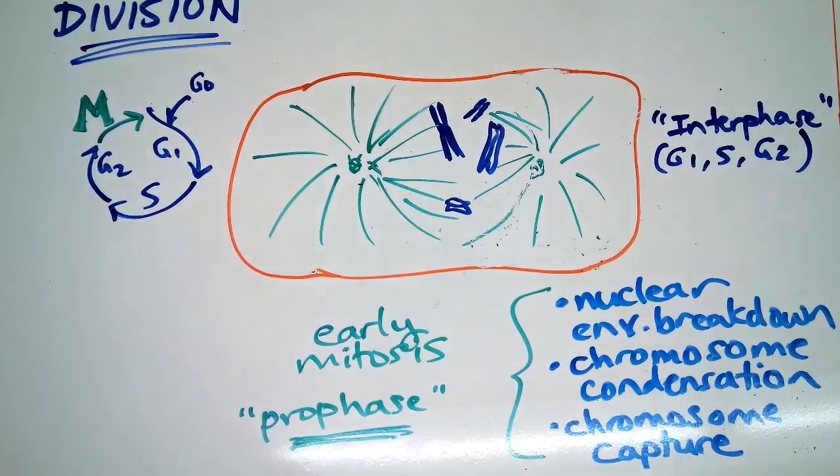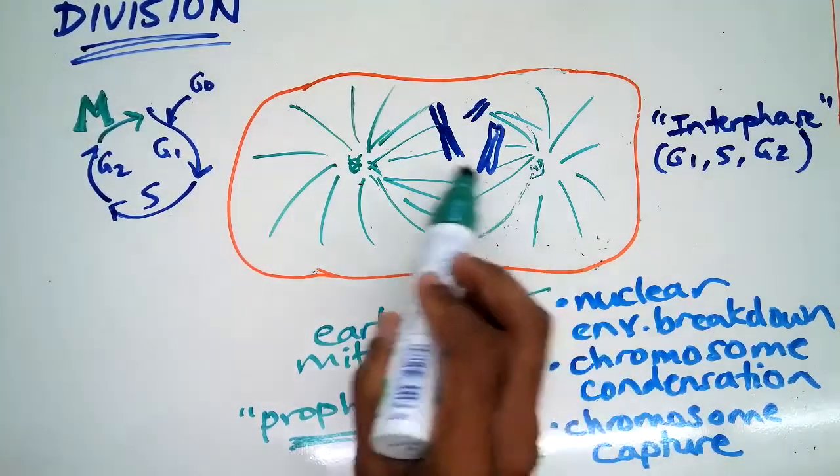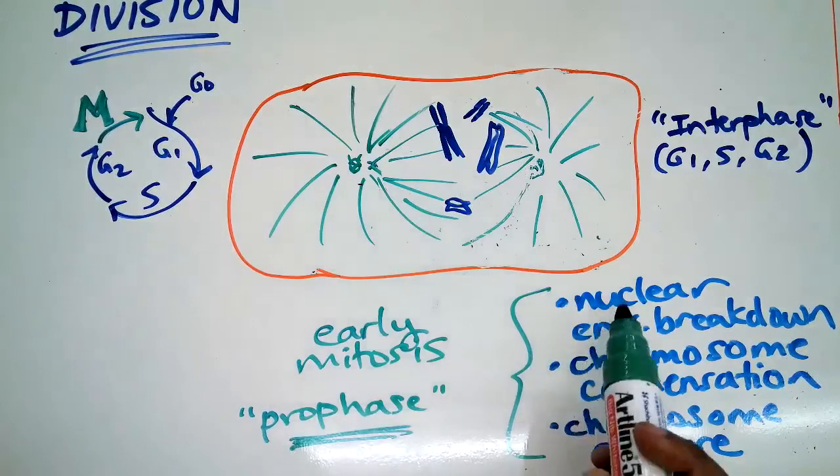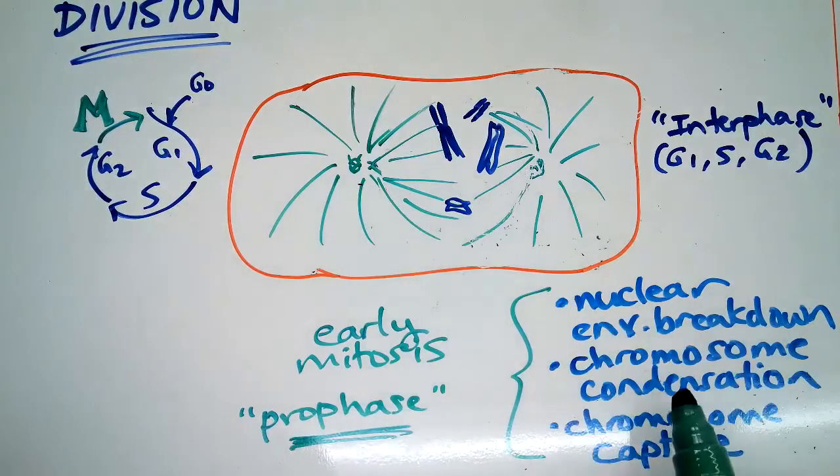It's just, if you want to get the chromosomes allotted appropriately, you're going to have to get rid of a nucleus. You have to make the chromosomes compact so you can move them, and you have to grab them. So that's the first set of steps. Okay, so that's prophase. That's at least the term for the beginning of mitosis.